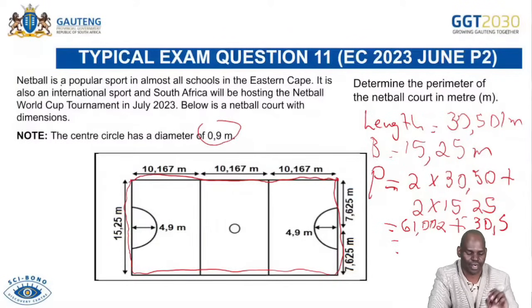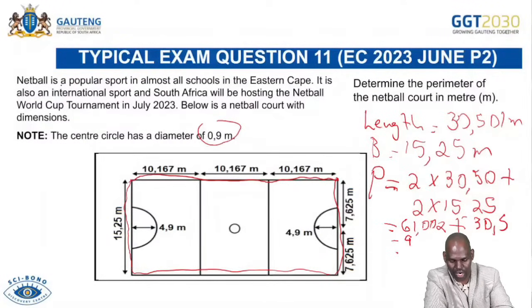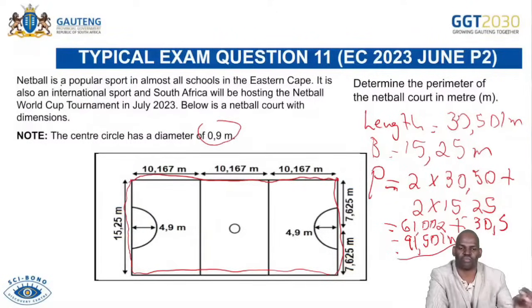Then from there I can add 30.5 plus 61.002, and I get 91.502. 91.501. So this is my answer.